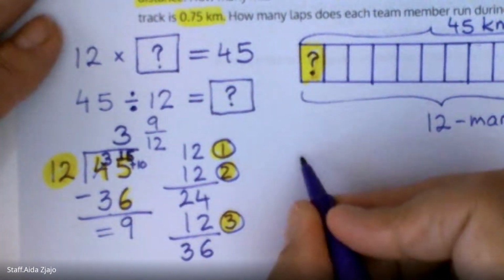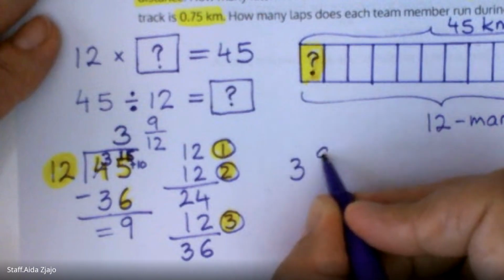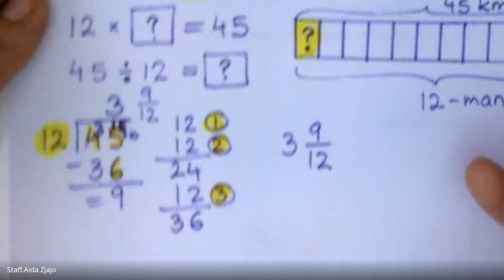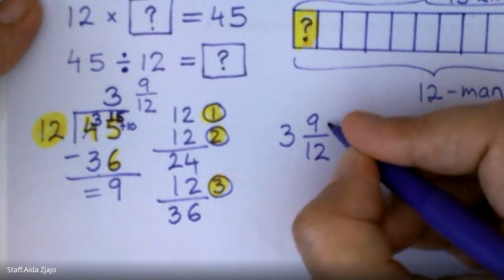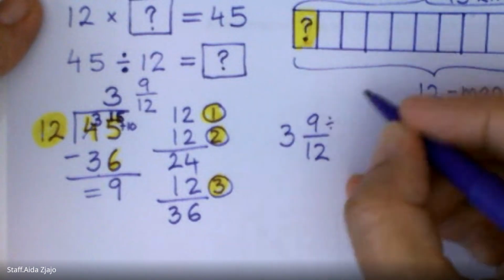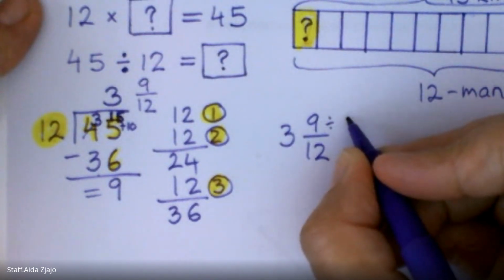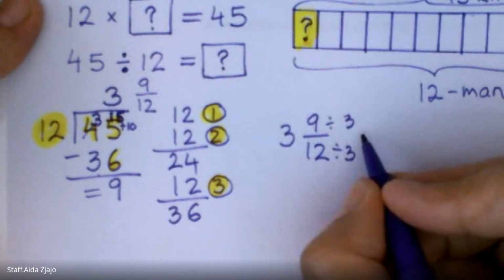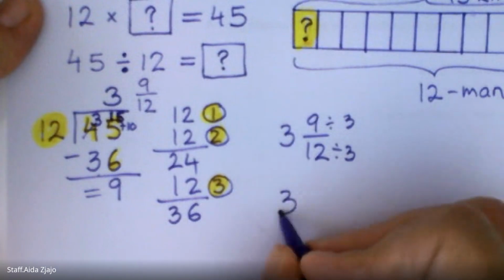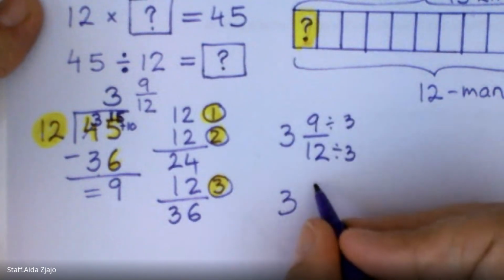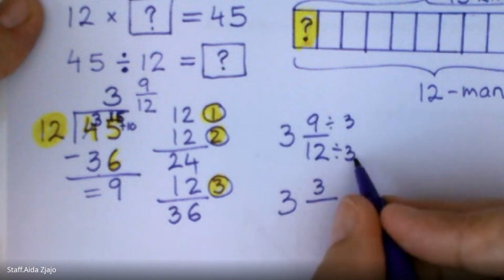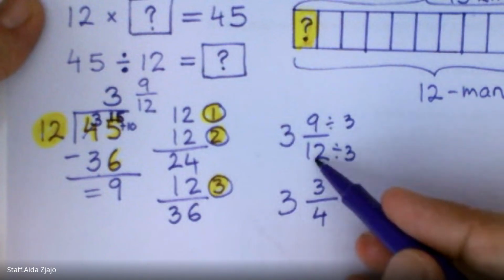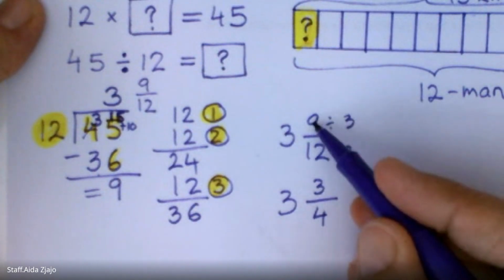The greatest common factor means the number that we can divide both by, and that would be 3. So if I divide, 9 divided by 3 is 3, and 12 divided by 3 is 4, because 4 times 3 is 12, and 3 times 3 is 9.